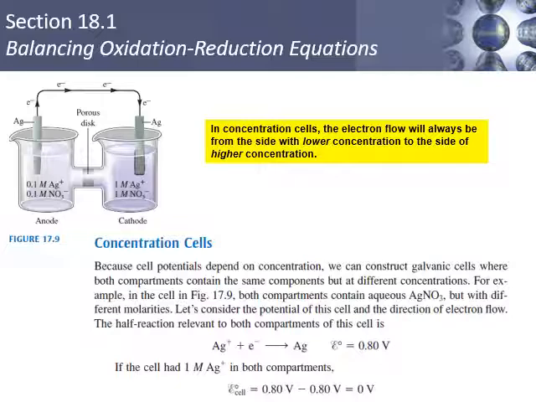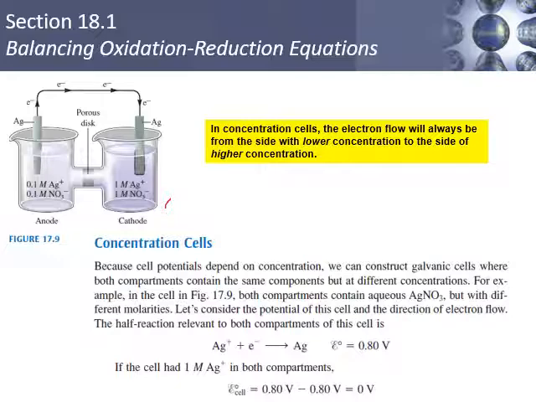If you start off with 0.1 molar on one side and 1 molar on the other side, the 1 molar will try to decrease its concentration, and the 0.1 molar on the left will try to increase its concentration until they're the same, which means the one on the right needs to become more diluted, so some of the Ag plus on the right-hand side needs to go away.